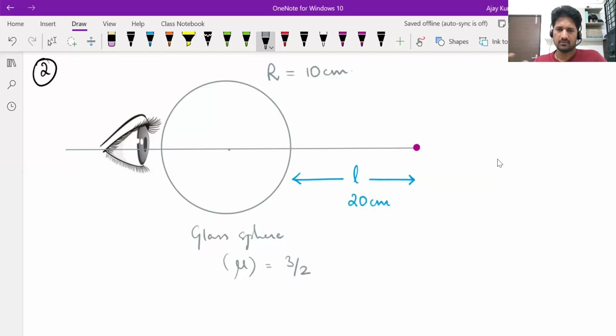If expressing in terms of R and L is difficult, you can use these values and tell me a numerical value for the answer. Any answer, anyone? Okay, try. I'll give you 1 more minute.